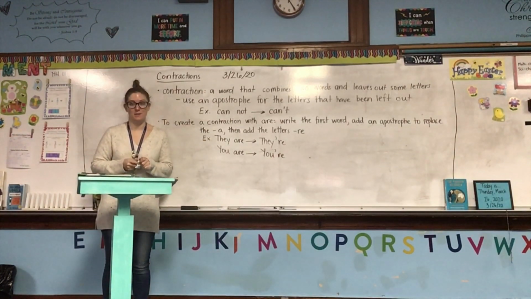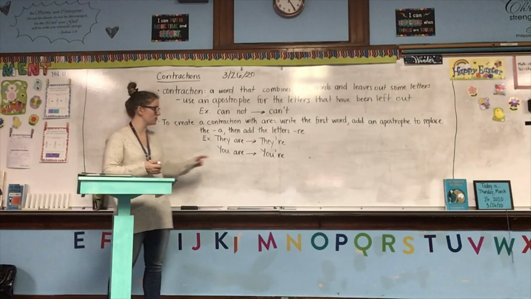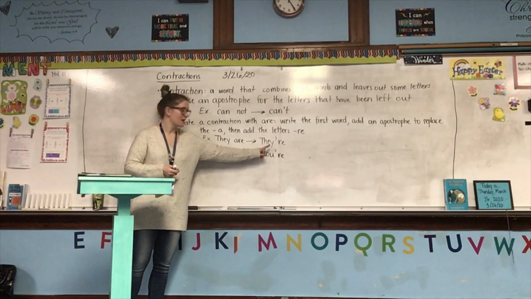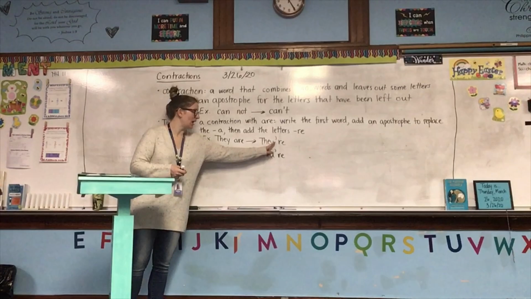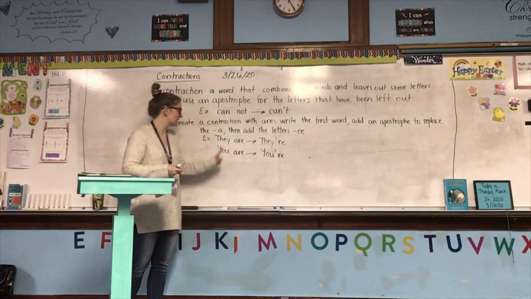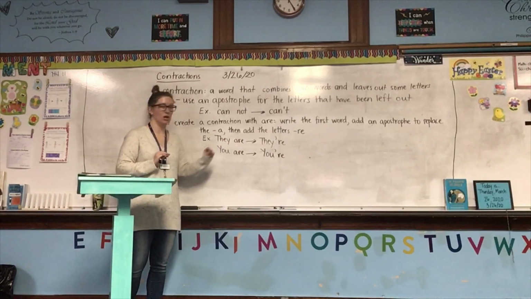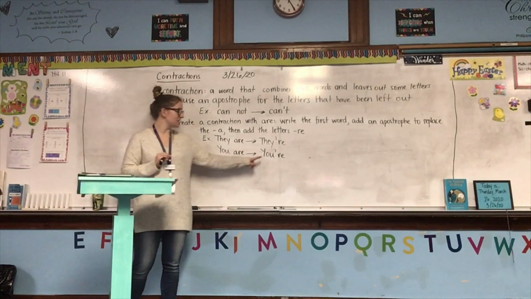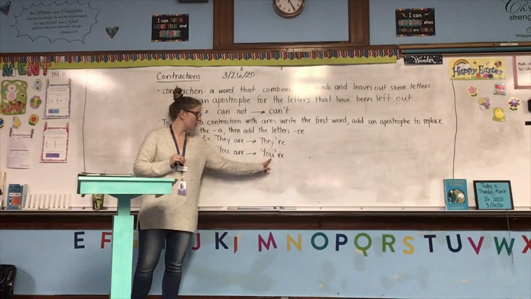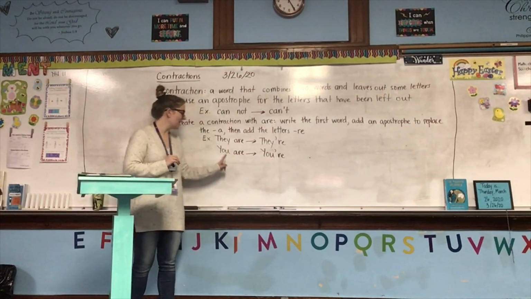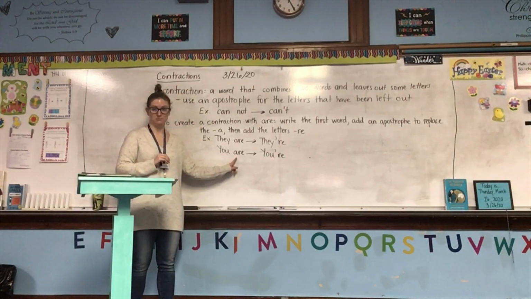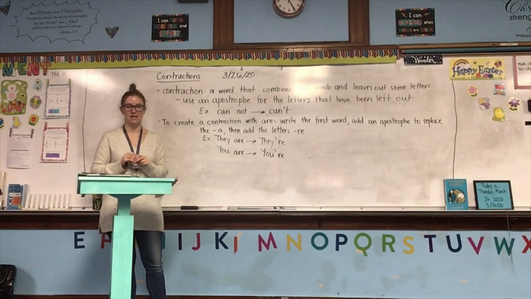That will also come up in just a minute, so pay close attention. When you see they're spelled like this, T-H-E-Y apostrophe R-E, it means they are. Nothing else. That's all it means is they are. If you see you're spelled Y-O-U apostrophe R-E, it means you are. Pay close attention to what I just said.